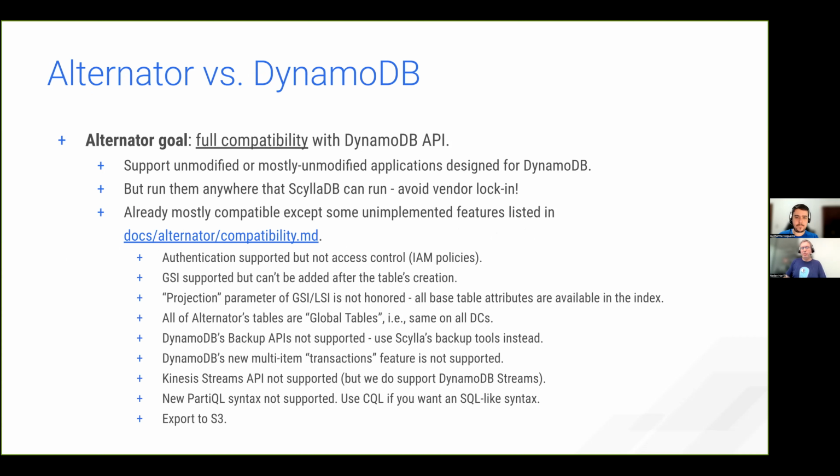Okay, so now a couple of slides on the difference between Alternator and DynamoDB. If you're already using DynamoDB, what should you know about the differences? The primary goal of Alternator is to have full compatibility with the DynamoDB API. If you already have DynamoDB applications, we want to support them either completely unmodified or perhaps with some small changes, but mostly unmodified.